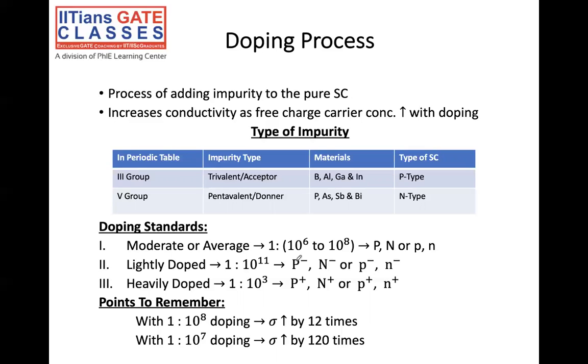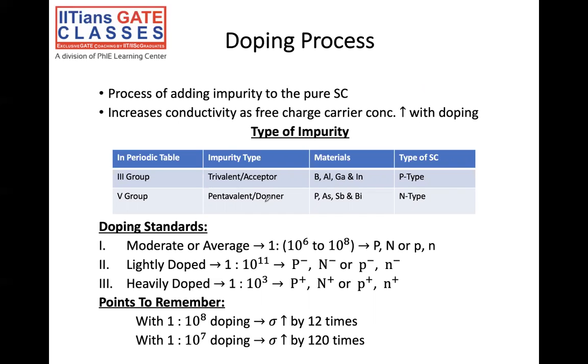So now type of impurity we have here: third group impurity and fifth group impurity. Third group, its other name is trivalent, or in our EDC we say acceptor, and fifth group it is pentavalent, or it is donor. Acceptor because it has deficiency of electron, donor because it has excess electrons.